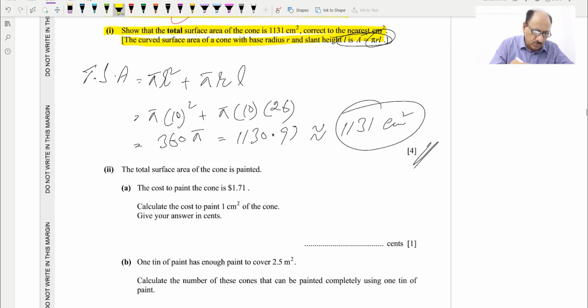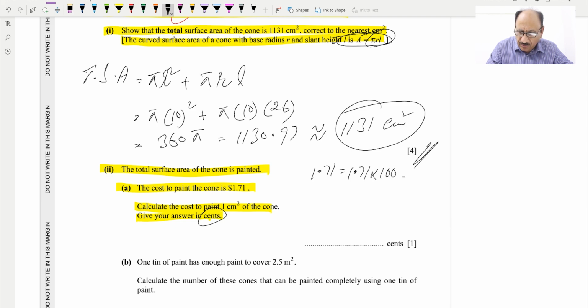Now we can go to the next second part. The total surface area of the cone is painted, and the cost of the paint of the cone is 1.71, and total cost to paint 1 centimeter square of the cone. Give your answer in cents. So we need to calculate for 1 centimeter. 1.71 is in dollars, so we will change into cents. So 1.71 multiplied by 100 will be equal to 171 cents.